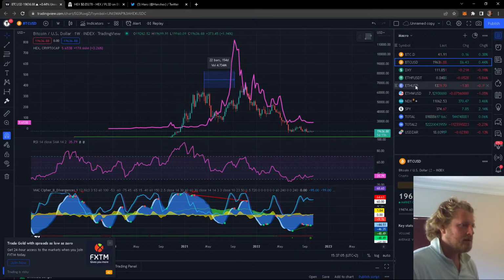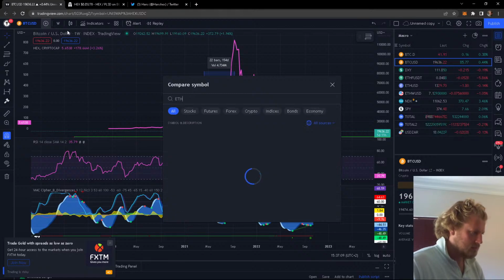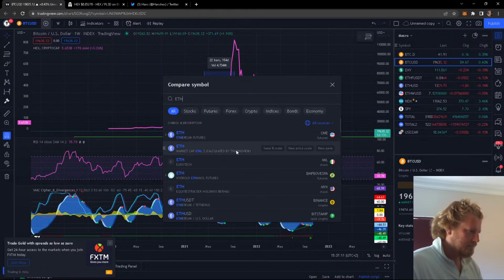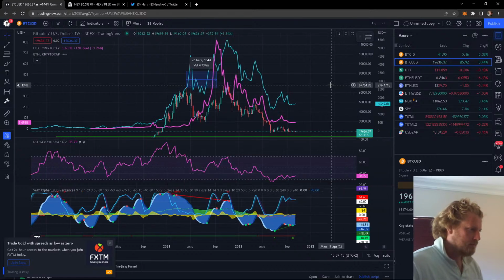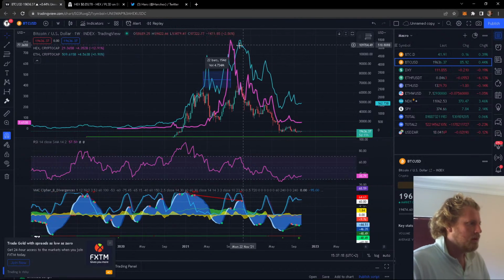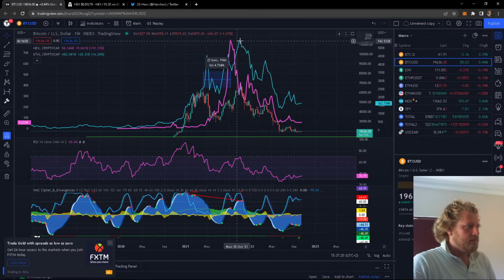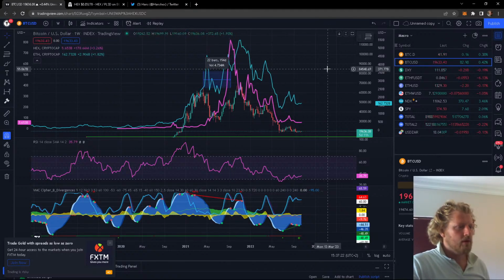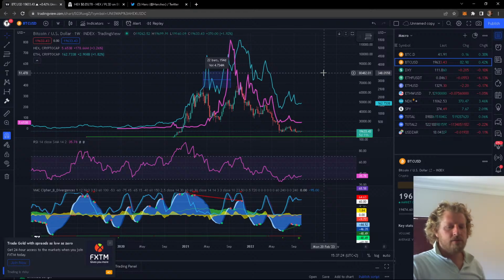And Ethereum likes to do that as well. Let's put up Ethereum on here as well. Yeah, so Ethereum topped out a few days after Hex as well. So remember, the altcoins tend to top out after Bitcoin.